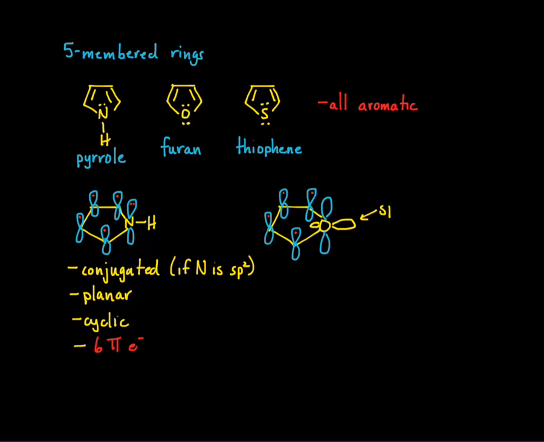There have to be 2 electrons in the sp2 orbital and 2 electrons in the p orbital. So one pair of electrons resides in the sp2 orbital, and one pair resides in the p orbital. And if we're counting pi electrons, that gives us 6 pi electrons. We can do the same thing for thiophene as well. Thiophene and furan have similar properties.